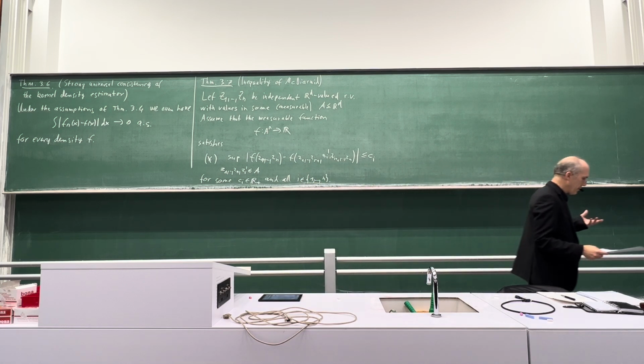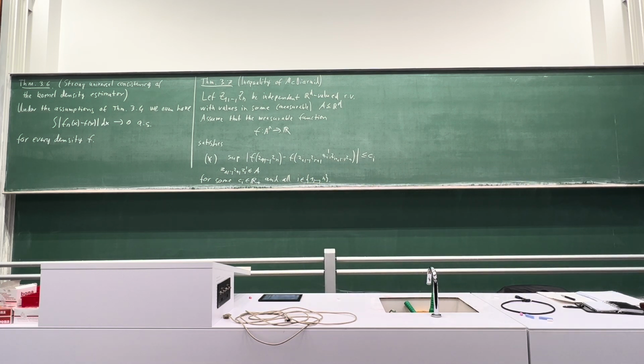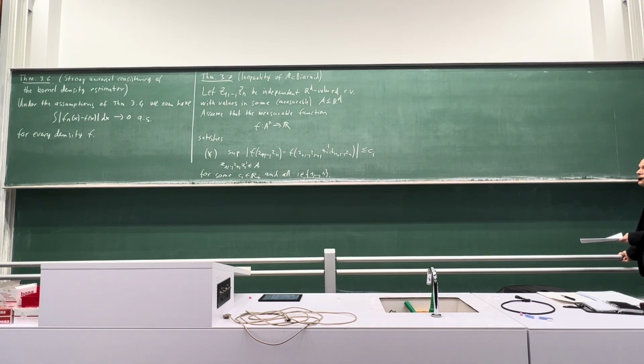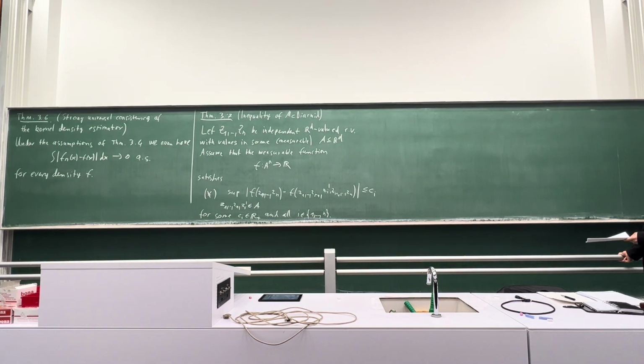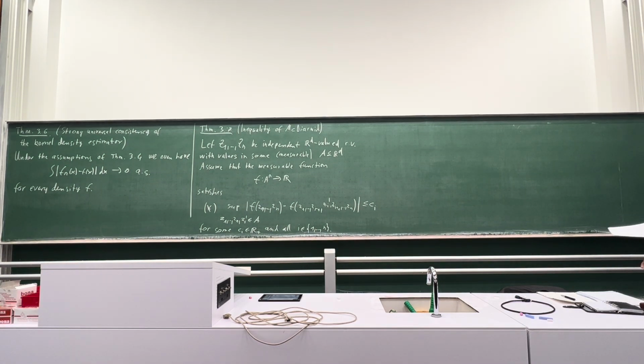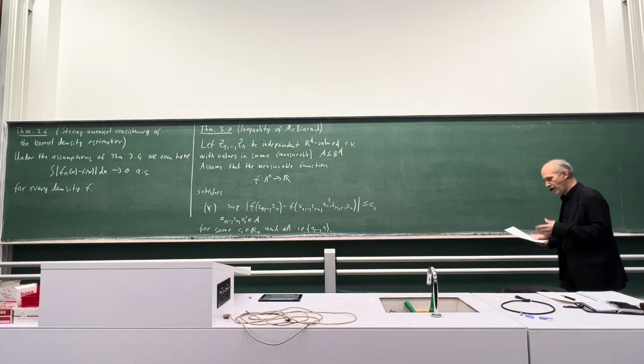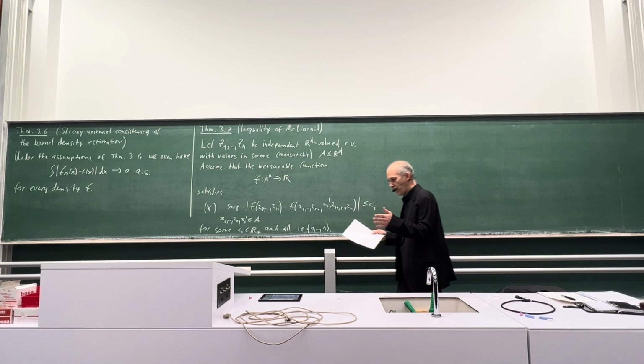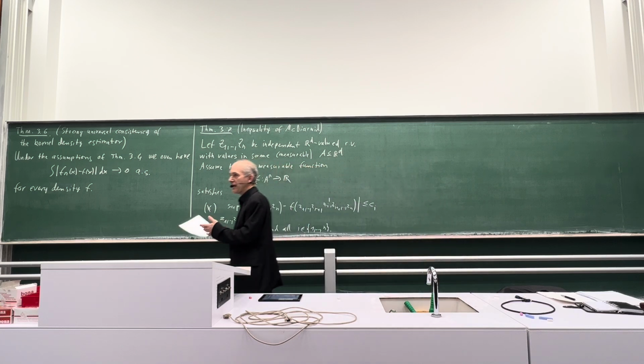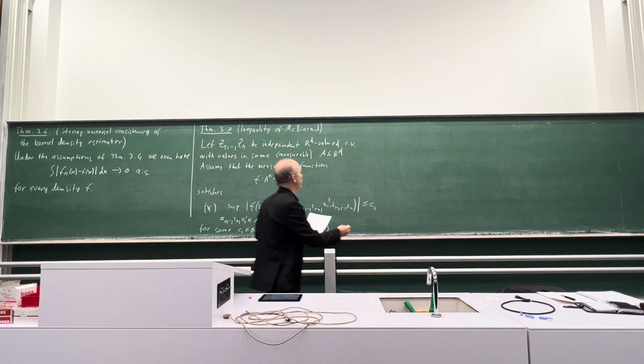And then we look at the random variable f(Z1, ..., Zn). We are plugging the random variables capital Z1 to capital Zn in instead of the deterministic values small z1 to zn in star, and consider the deviation between this random variable and its expectation, and give bounds on that.